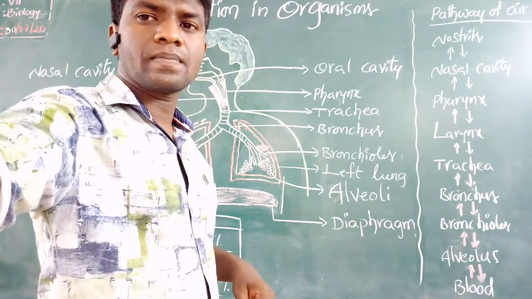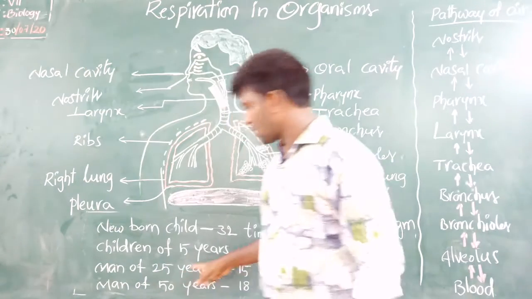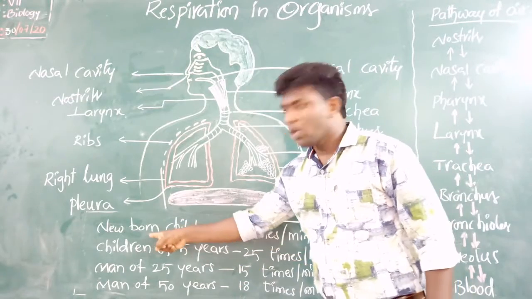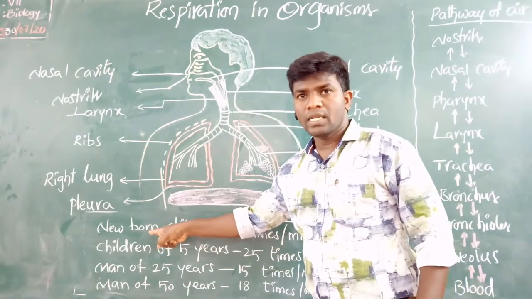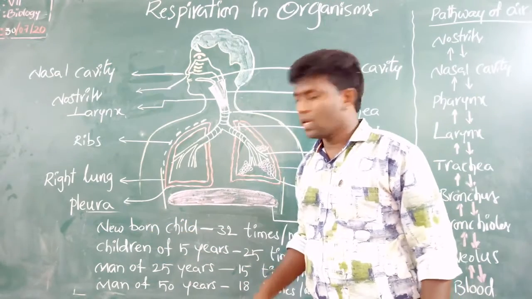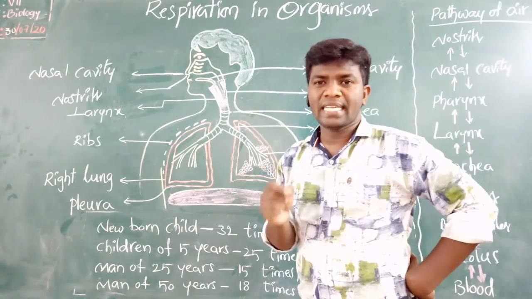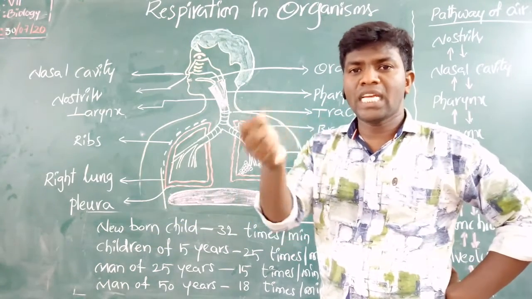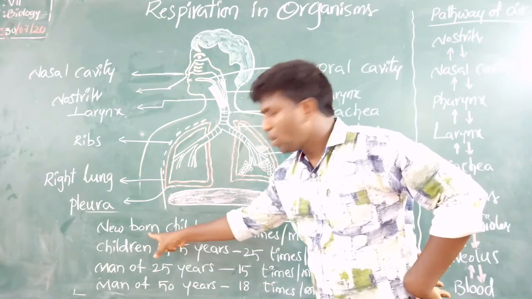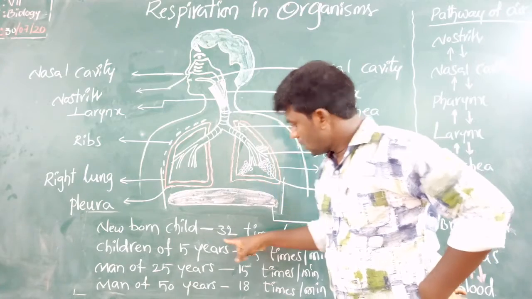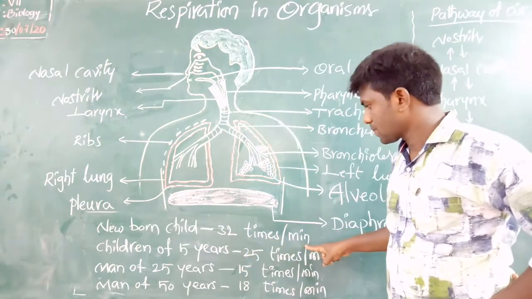All of you, have a look at this. For a newborn child, actually, this is based on their age. So the respiration rate differs in people of different ages. A newborn child, 32 times per minute.